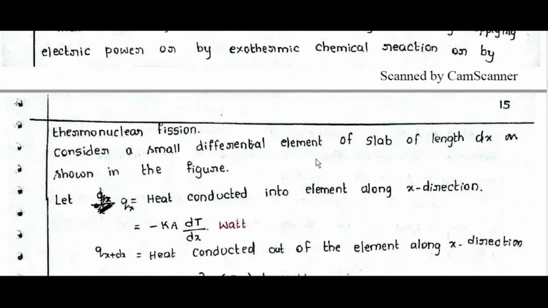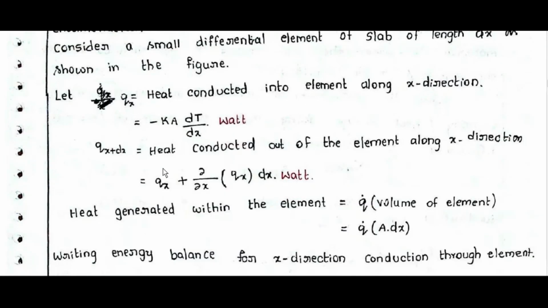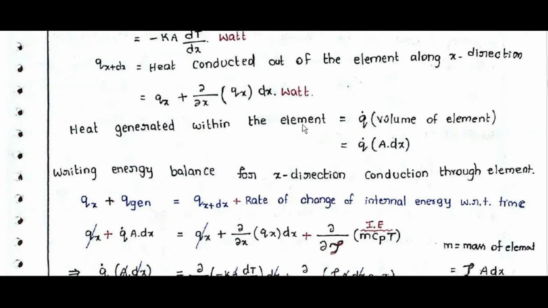Consider a small differential element of the slab of length dx as shown in the figure. Let Qx be the heat conducted into the element along the x direction, equal to minus K A dT by dx watt. Qx plus dx is the heat conducted out of the element along the x direction, equal to Qx plus dou by dou x of Qx dx watt.